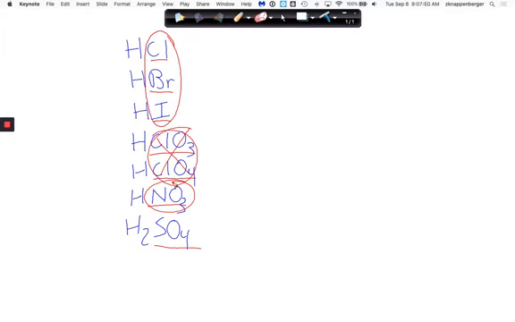Should we go look? Yeah, grab your books. Let's go back to table 4.1 and take a look because there are sulfate rules. Page 121. What do we know about sulfates?